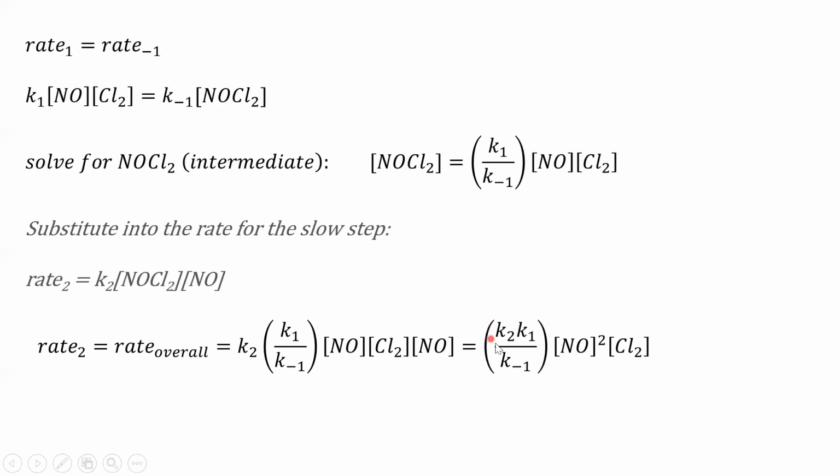And since K2, K1, and K prime are all constants, we can write them all together as their own little constant. And this is our rate law. And this actually matches up with the molecularity in the rate determining step.